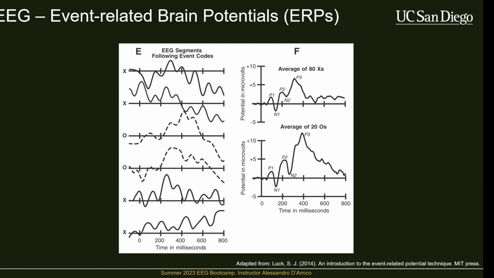So is it more positive in the frontal electrodes, like FZ, or do you see it more centrally, like CZ, or all the way in the back, like OZ? Is it more parietal? What are the characteristics of it spatially? What are the characteristics of it temporally? And then what are the morphological properties in terms of its peaks and troughs?